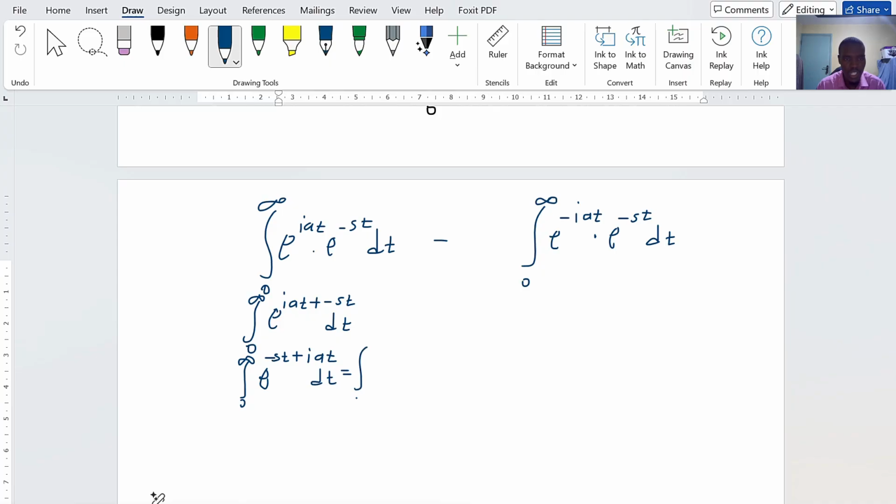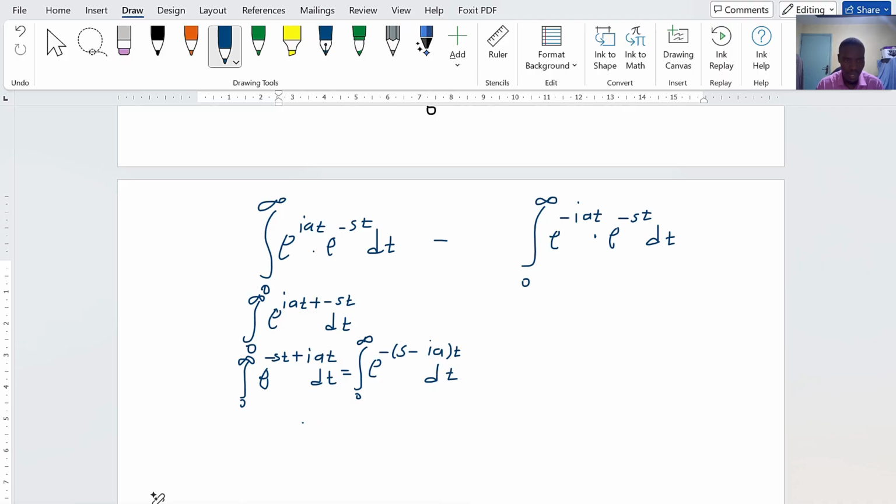This is equal to the integral from 0 to infinity of e^(-(s minus ia)t). Now the common factor is t, so I've just factorized the negative. Negative times s times t is negative st. Negative times negative ia is positive ia. Then t times ia. So this is what I've done, just factorize to get that.